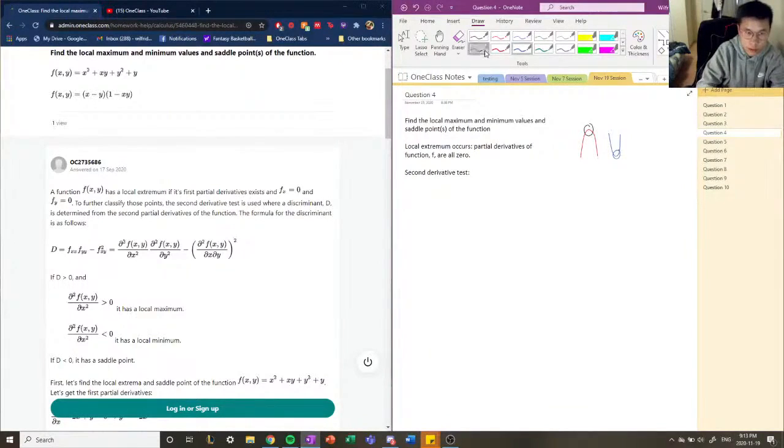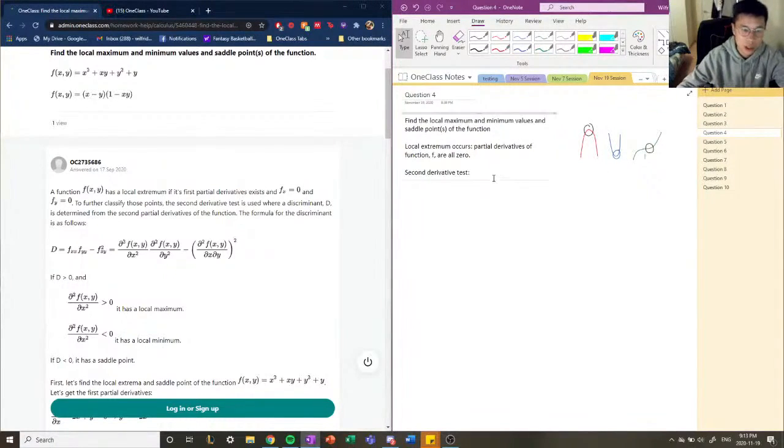A saddle point is neither a local maximum nor a local minimum, and it looks like this. There's a point of inflection here, but there's not a local maximum or local minimum, and we call these a saddle point. So the rate of change at this point is still 0 for all partial derivatives, but it is not a local maximum or a local minimum, and we use the discriminant to help us find that.